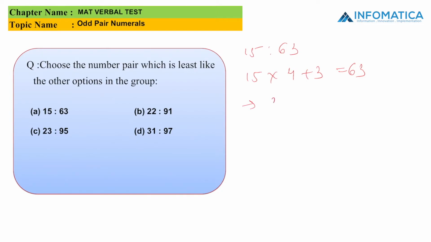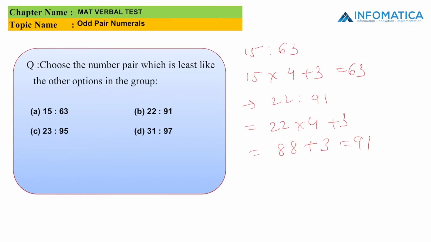The second option is 22 is to 91. So if I go for the similar pattern, I understand that 22 into 4 plus 3 is giving me 88 plus 3, which is nothing but 91.